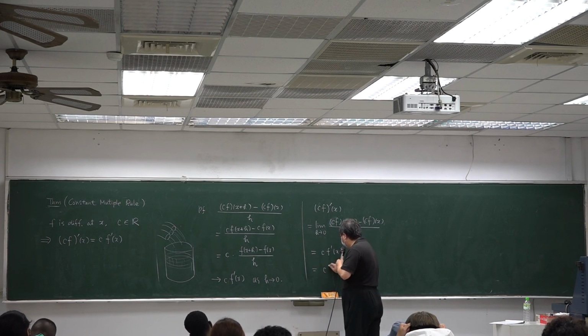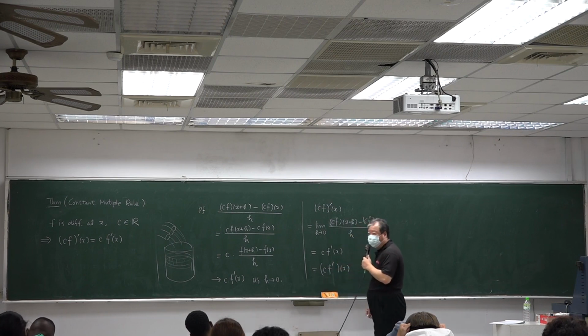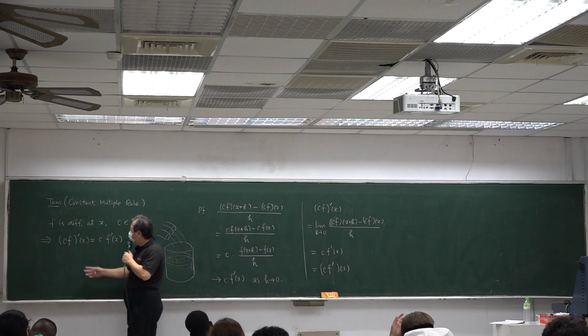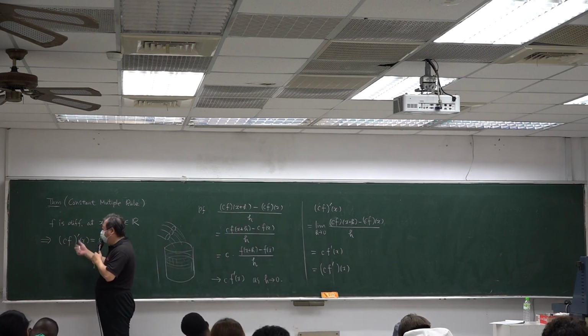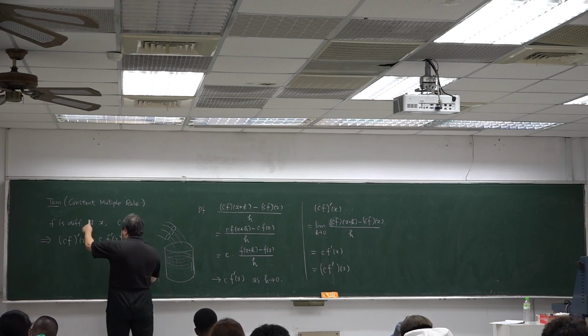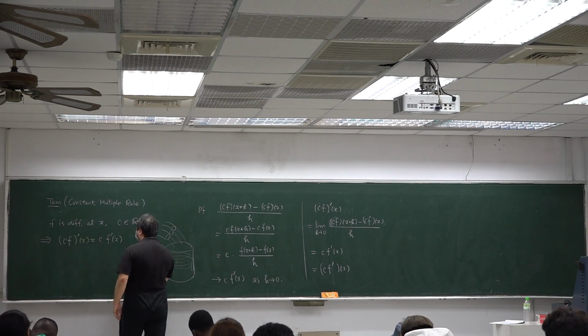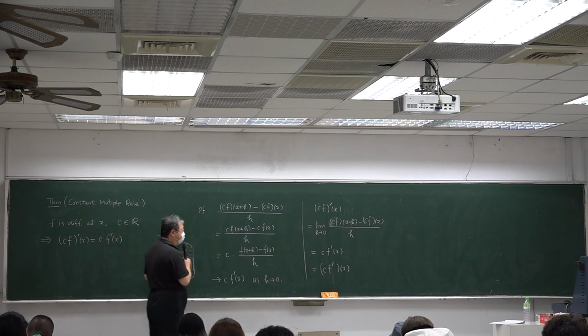Equivalently, this is c times f prime of x. So, multiplied by a constant, the derivative of a constant multiple of the function equals the constant multiple of the derivative of that function.